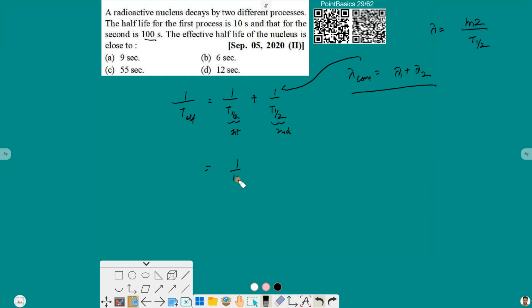That will be 1 by 10 plus 1 by 100, which is 11 by 100, and T effective will be equal to 100 by 11. That is approximately 9 seconds. So option A is the right answer here.